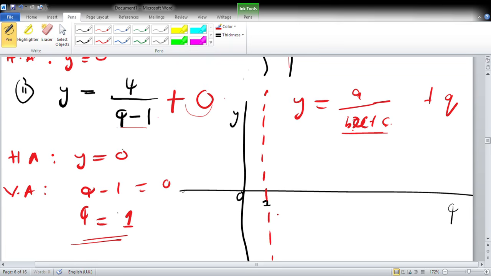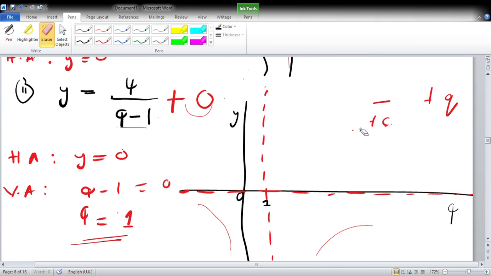So with this asymptote and this asymptote, I'm asking myself, where is the graph going to be? Is it in this direction or that direction? So this is why we begin to think and understand what direction the graph will take. We can see that there is a shift in the asymptotes.